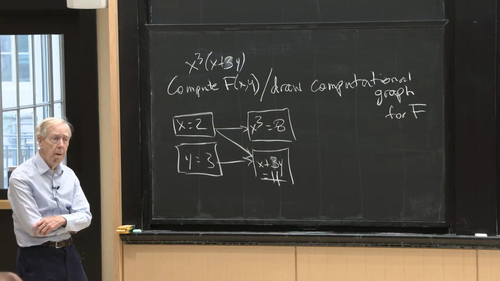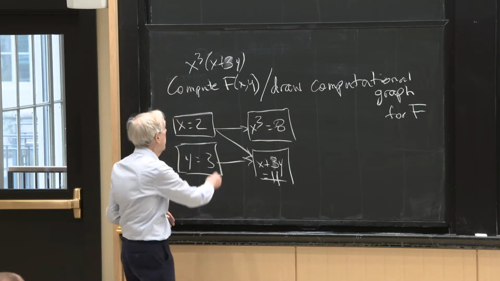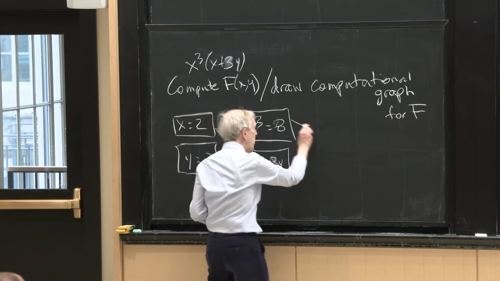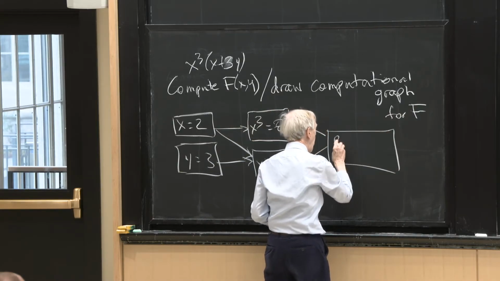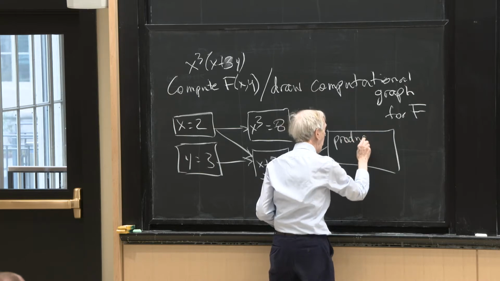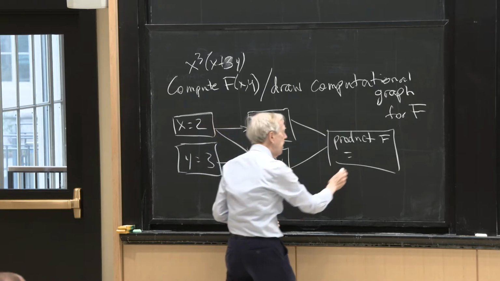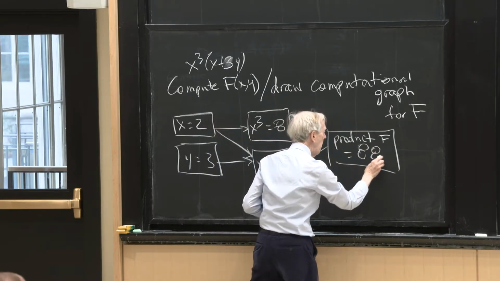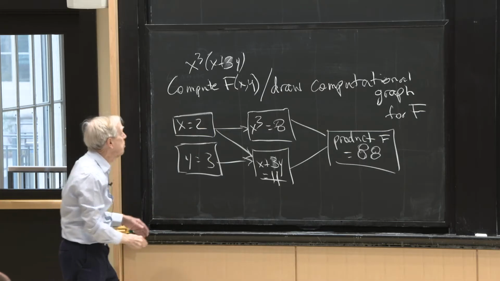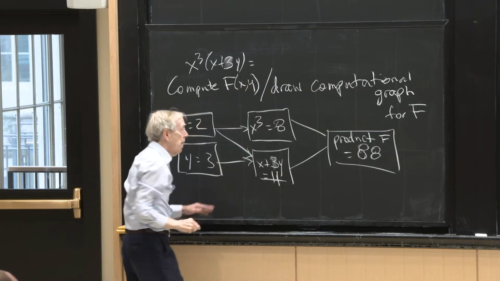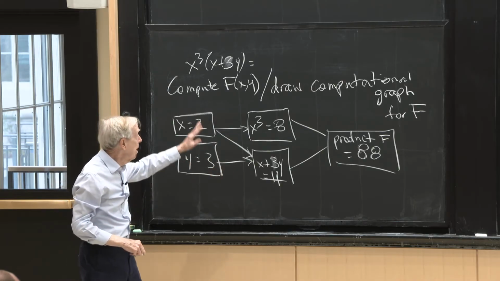So far, so good. And now the next step on this graph, I have a product of those. So that will go to the product. f equals 8 times 11, 88. Okay, so we got the answer 88. Normally I wouldn't take that much to compute f.